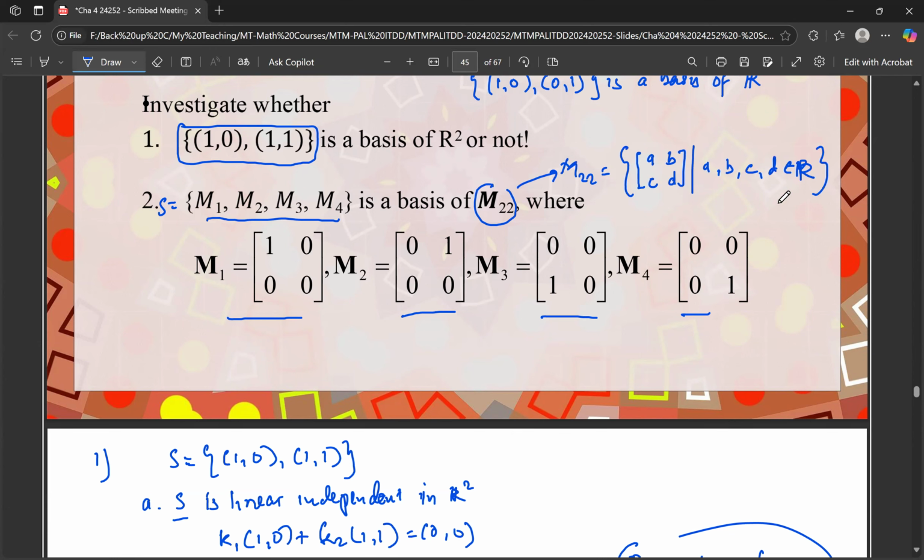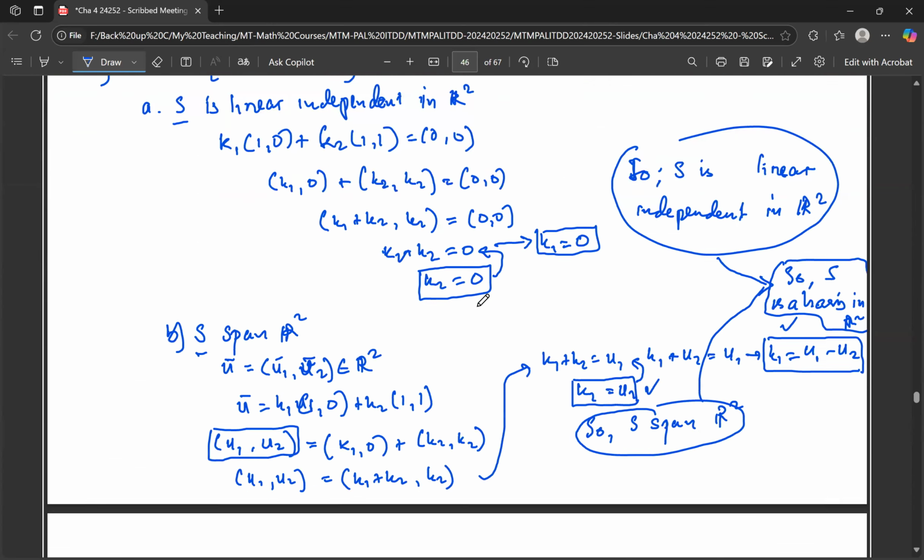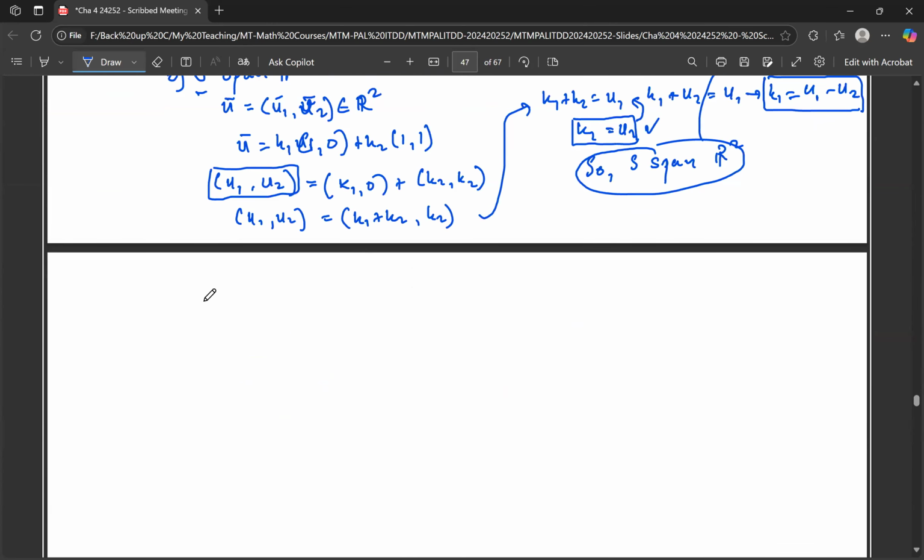So after we know what M22 is, S is a set of vectors m1, m2, m3, and m4. We want to show two things.